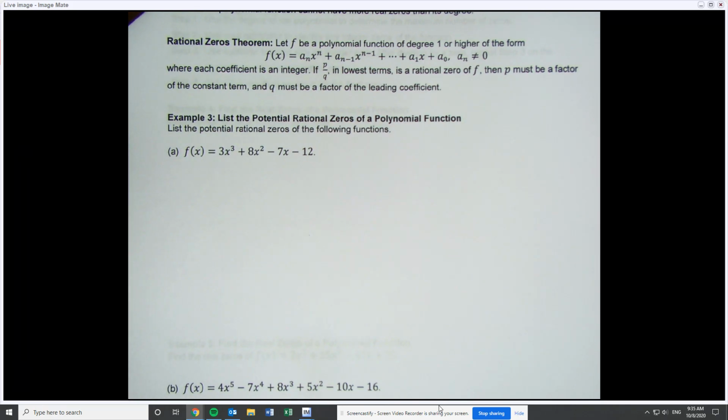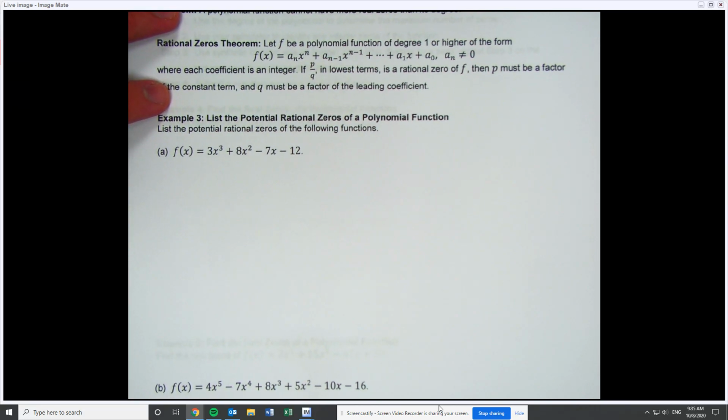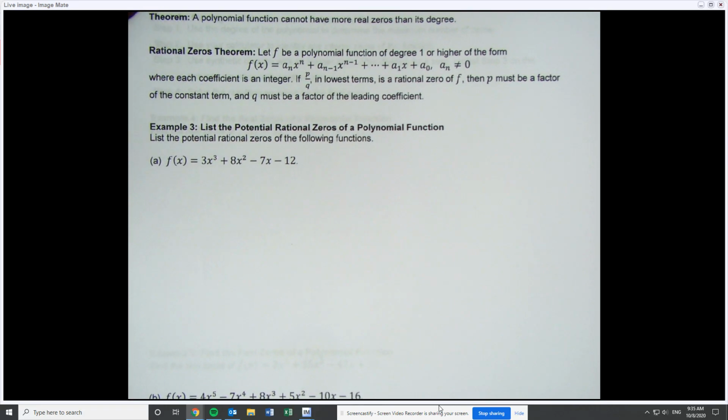But for our school, they let you use a calculator for this class, so you don't have to worry about that. But just in case you ever have to take this type of material again somewhere else, or do it on an SAT where you don't get a calculator, I want to show you what to do. And I'll only do one of these because I don't particularly care for this that much. So what we're going to talk about is the rational zeros theorem.